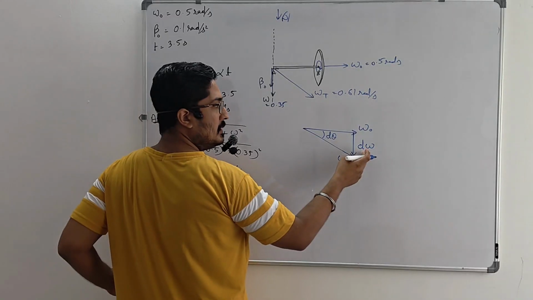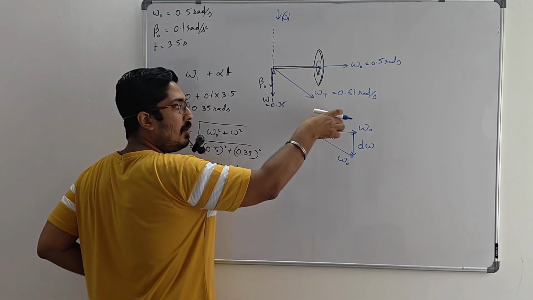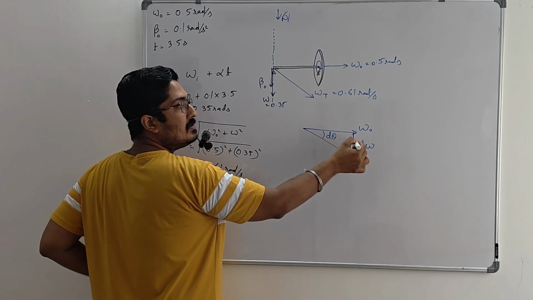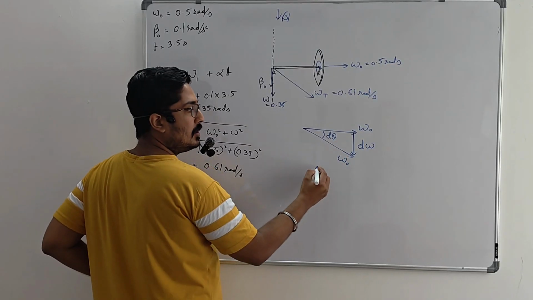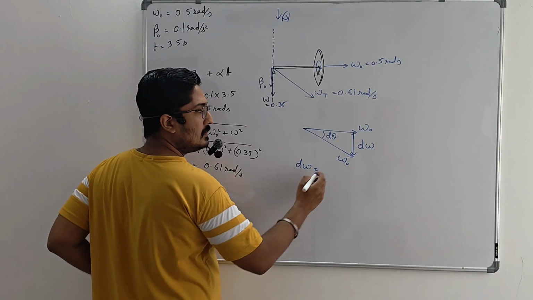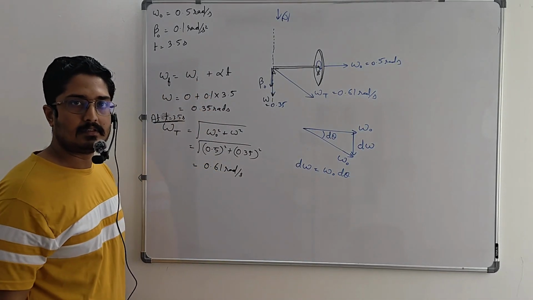Now, how can we get this d omega? Because the angle d theta is very small, and because these two vectors are having the same magnitude, I can say that this line is nothing but an arc. And if we use that concept of arc length, we can say d omega, the arc length, is nothing but omega naught into d theta. That's it.